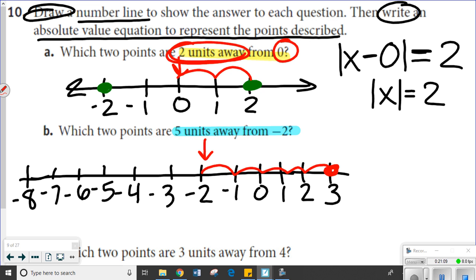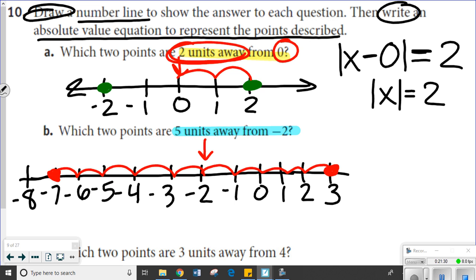So I put my circle there, 5 units away in this direction. So my answers are +3 and -7. Those are my answers.